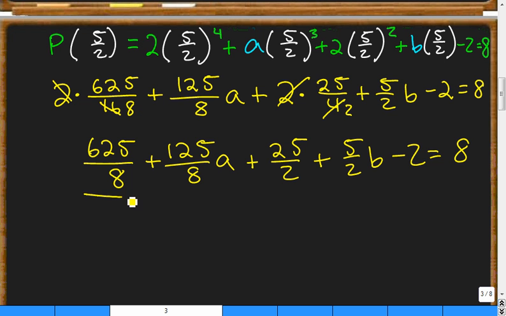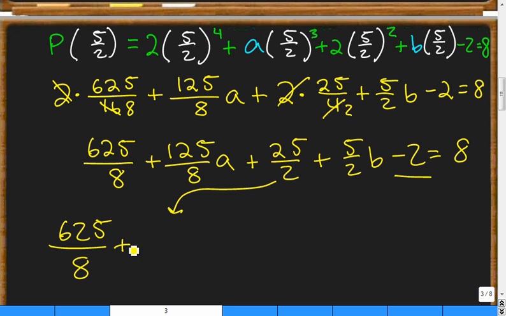We just want to continue to simplify as much as we can. We have these 3 parts that we need to put together, so I'm going to rewrite everything in terms of it being over 8. Here, 25 halves, if we want it over 8, we have to multiply by 4 over 4 on top and bottom. So this becomes 100 eighths.